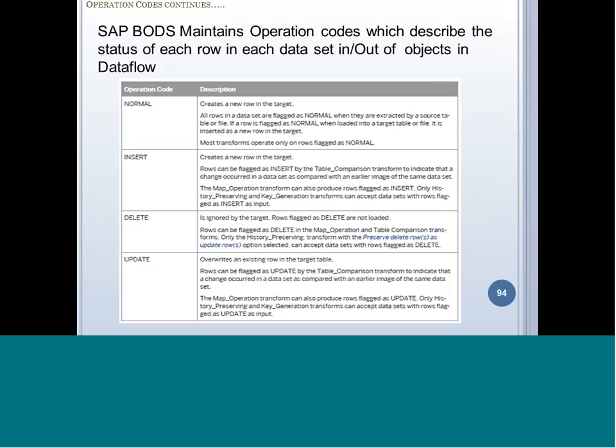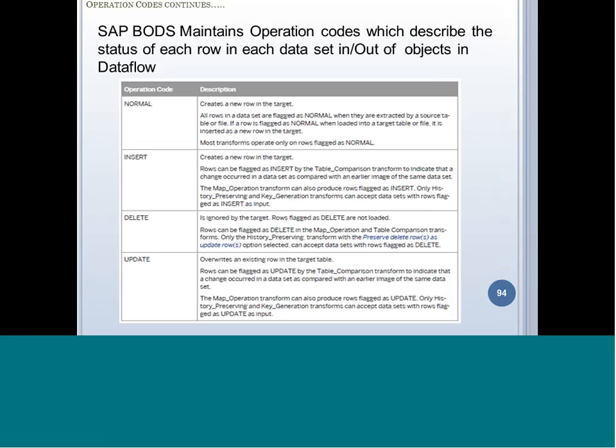Say it's only the last one day of data you want every day, or only the last 5 days of data you want to load into the target system. Those records are flagged with the normal operation code.